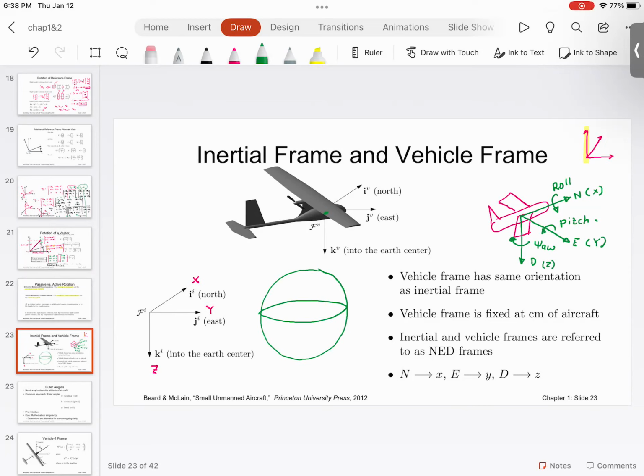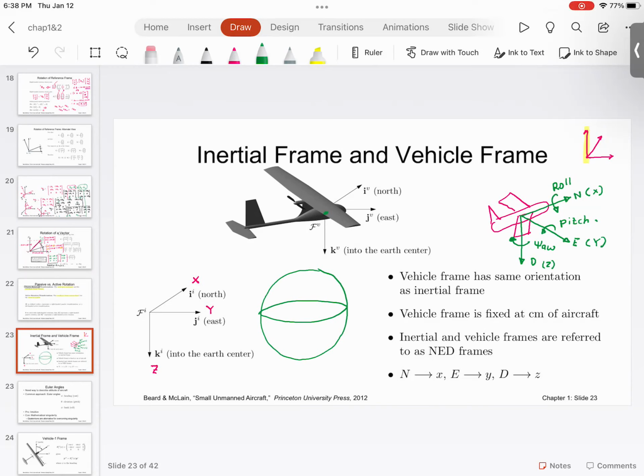Now we are looking at UAVs that are flying close to Earth's atmosphere. We are not looking at missiles or rockets. So we are going to assume the Earth is flat for the purposes of analysis.